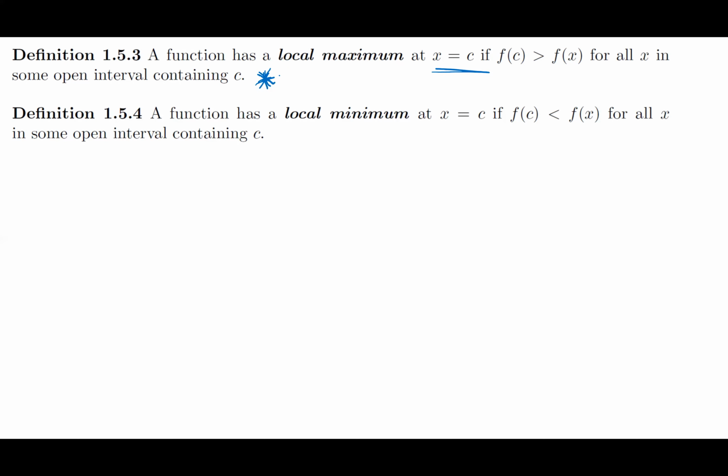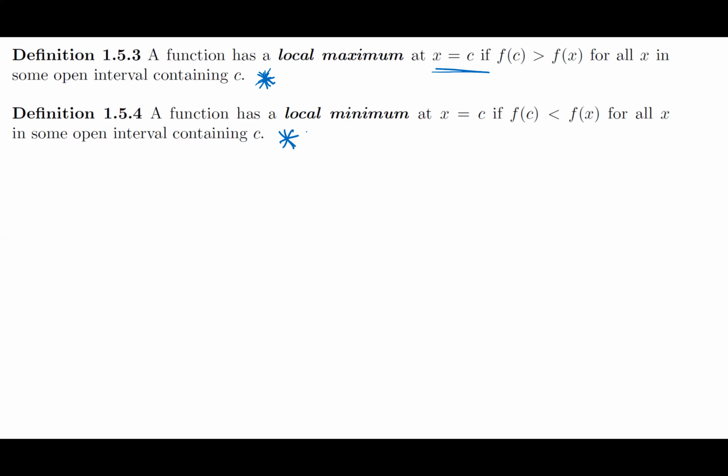When I read this first definition of local maximum, that tells me that the point is the highest point around. Maybe not overall, but at least in its neighborhood, in its vicinity. That point is the highest. Similarly, the second definition tells me that in the vicinity of x equals c, f(c) is the lowest point. It's a low point in its neighborhood, okay?